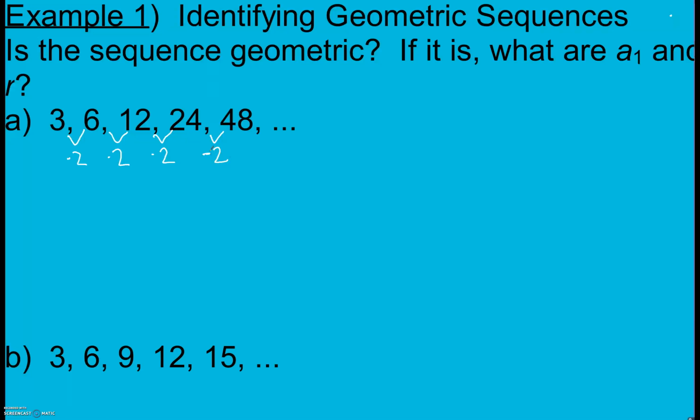So every time we multiply by the same number, which means it is geometric. A sub 1 is going to be our first value, and r is our common ratio. It's the amount that we multiply by every time. And here it's going to be 2.